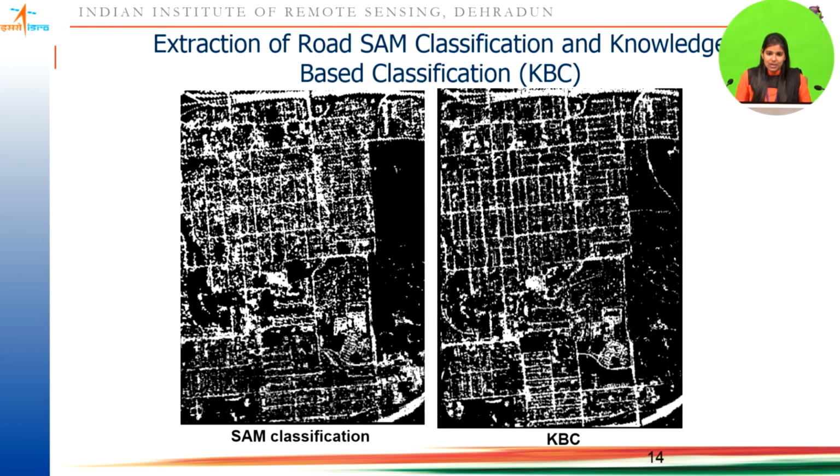We can also extract roads using this approach. On the left hand side, SAM classification has given us poor results since it has over-classified certain other pixels into roads. However, in knowledge-based classification, we have been able to extract the road in a better form.